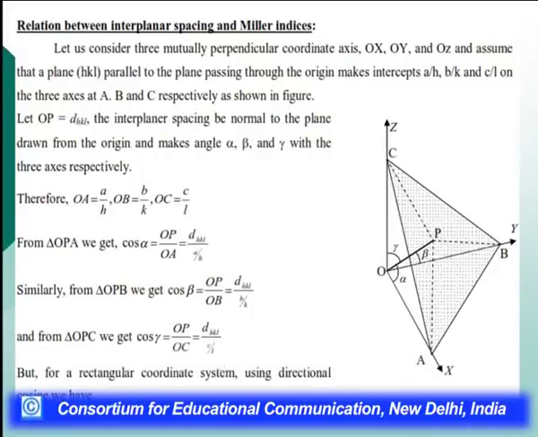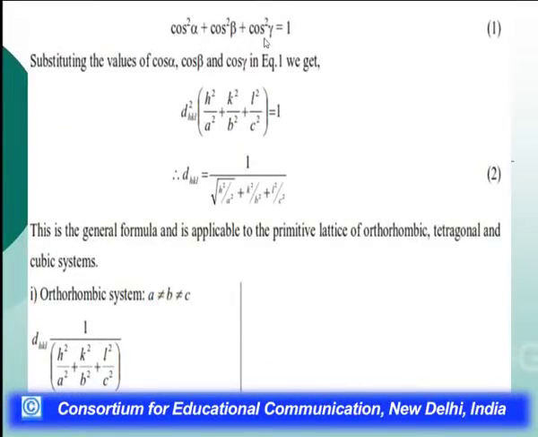c by l. Now from the rectangular coordinate system, using the direction cosines, we can define cos square alpha plus cos square beta plus cos square gamma is equal to 1. Now substituting the values of cos alpha, cos beta and cos gamma in equation 1, we get d_hkl square times h square by a square plus k square by b square plus l square by c square is equal to 1.